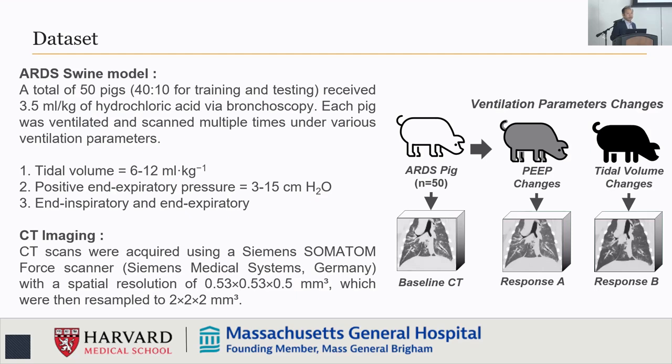Then they change the parameters of the ventilator, and every time they change a parameter, they do a new CT scan. So it is very easy for us to look at the residuals. For the same pig, we change the parameters and have the image associated with each parameter. So we take advantage of this data set to perform this study.